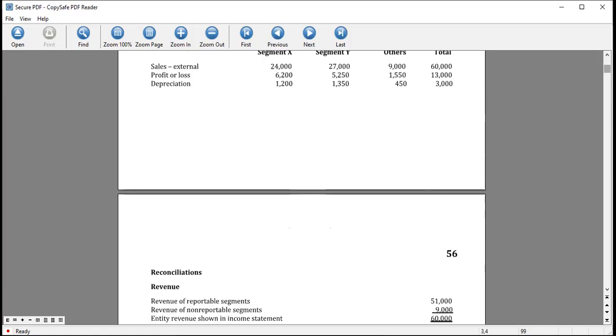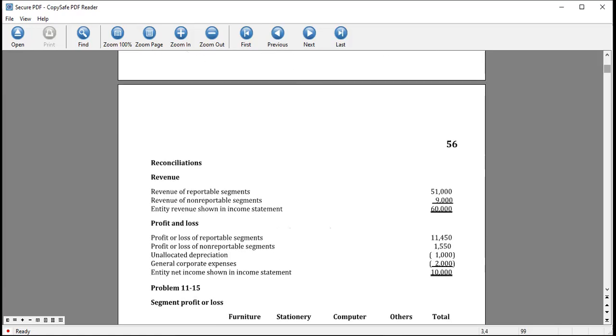So we have now the segments profit or loss and the disclosures required for operating segments. We have now the disclosures required for the operating segments and the disclosure required.